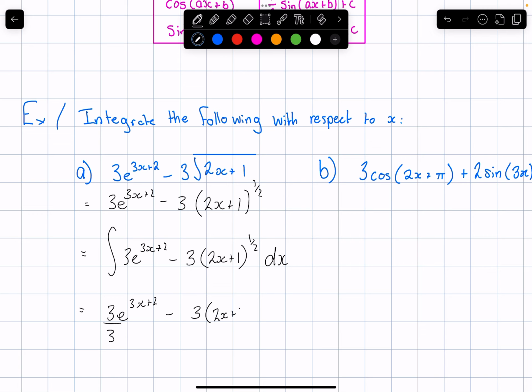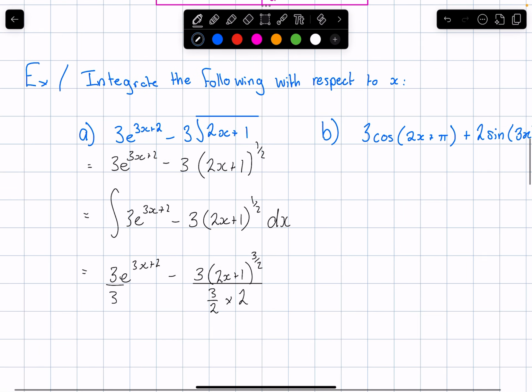However, we add 1 to the power. So 1/2 plus 1 is 3 over 2. We're going to divide by that 3 over 2, but we're also going to divide by 2, which is my a value here. So we can see that they'll end up cancelling out. Plus c, because we don't know any other information.